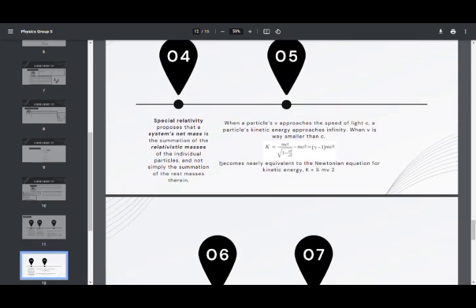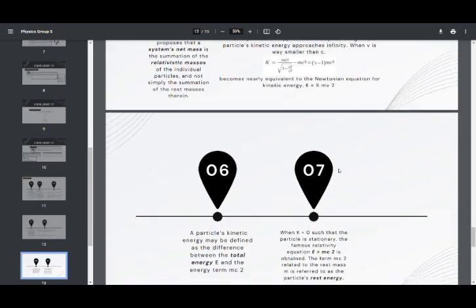So special relativity proposes the system's net mass is the summation of the relativistic masses of the individual particles and not simply a summation of their rest masses therein. So when the particle's v approaches the speed of light c, the particle's kinetic energy approaches infinity. When v is way smaller than c, this equation, guys, becomes the nearly equivalent Newtonian equation for the kinetic energy: K is equal to 1/2 mv squared.